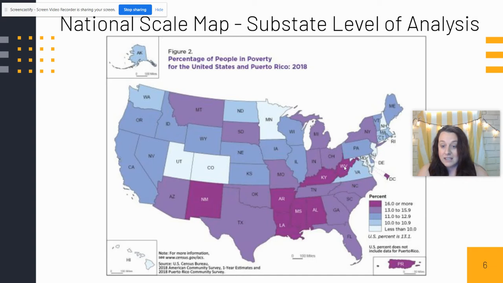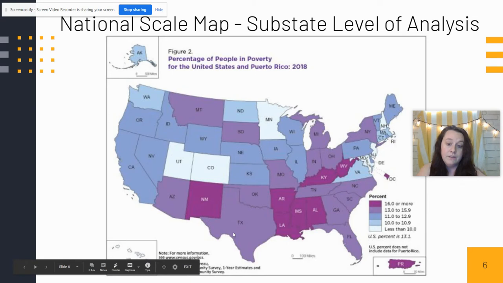Kentucky and West Virginia are also in there, as well as New Mexico. But if I think regionally, instead of just looking at one state at a time, I would say that the region of the US that has the highest rates of poverty is the South.